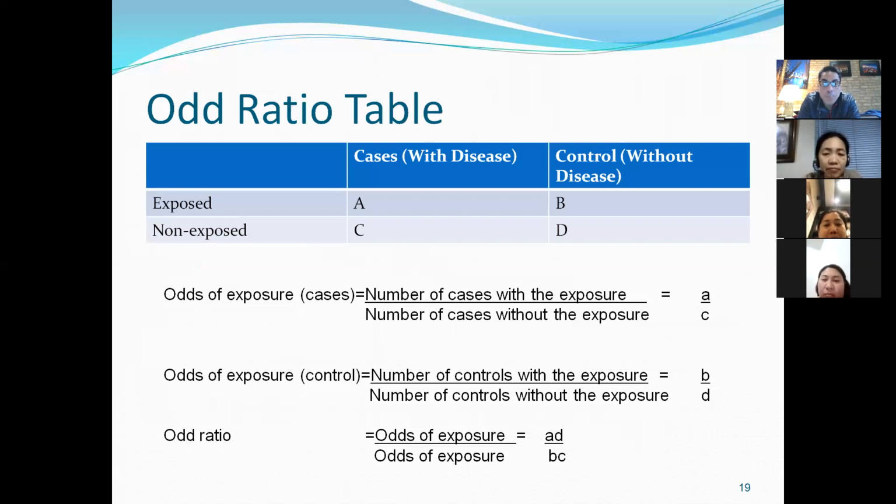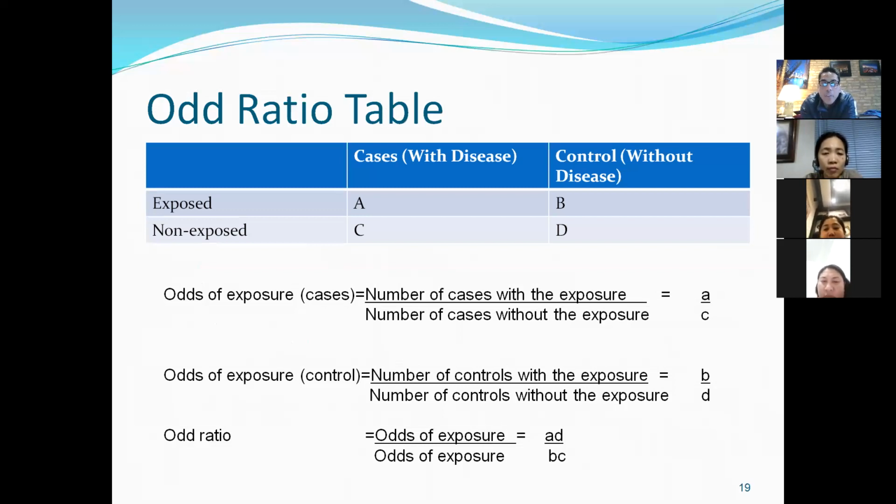So if you go, what is the total of cases? What is the total of A and C? Once that's already determined, and once you also have the total of the B and D, then all the totals of your column will always be determined by the total of your rows, or vice versa.